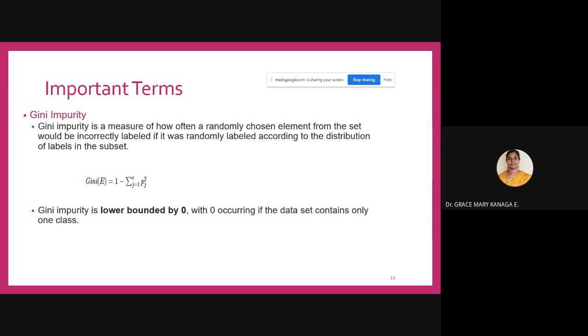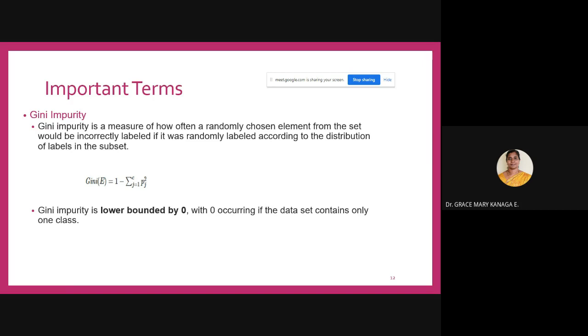Another important mathematical term, kindly note it down, is called the Gini index. Gini impurity is a measure of how often a randomly chosen element from the set would be incorrectly labeled if it was randomly labeled according to the distribution of labels in the subset.